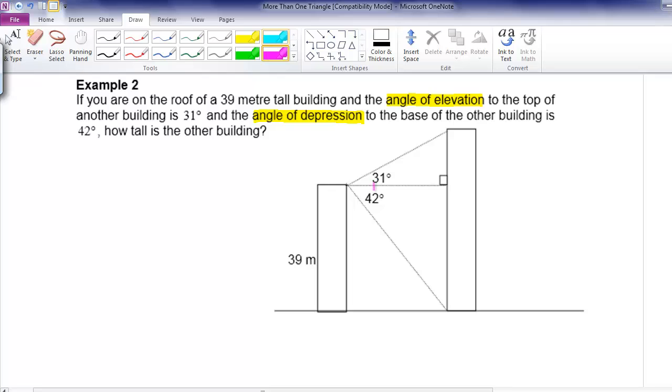But just to highlight, remember our angles of elevation and our angles of depression are always to the horizontal. So the 31 degrees you're looking up, the 42 degrees you're looking down. And we always arc out, if you want to think of it that way, from the horizontal. So there's the picture drawn for you. And the question is, well, how tall is this building?